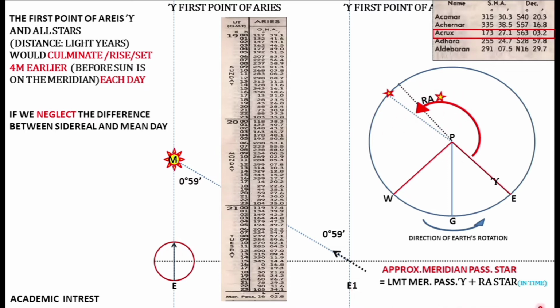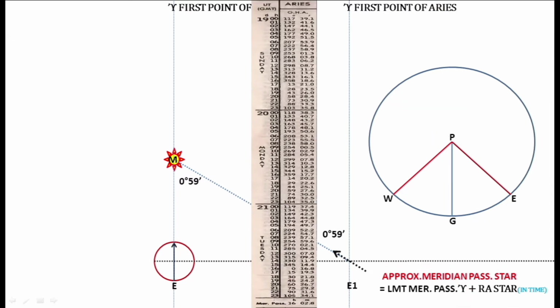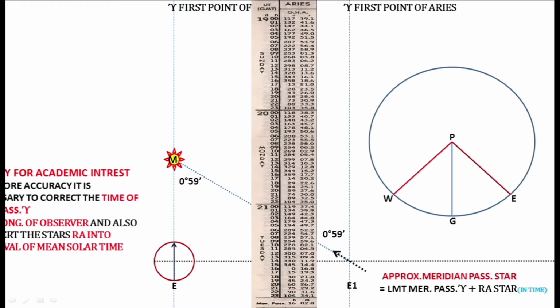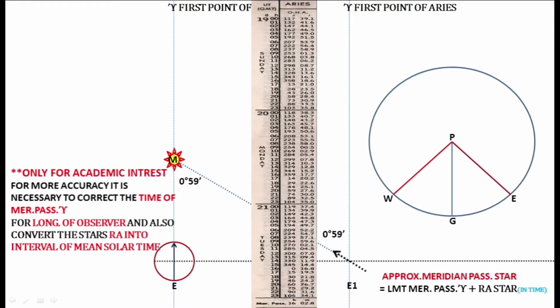So the approximate equation for finding your meridian passage of star is LMT meridian passage of Aries plus RA of star in time. And this is only for your academic interest. Normally, nobody finds the meridian passage like this. None of the books have mentioned all this.